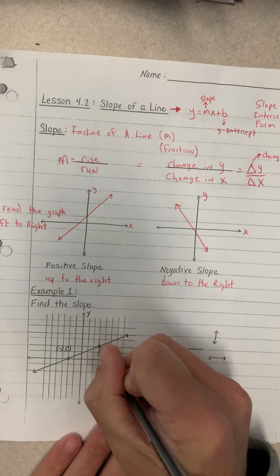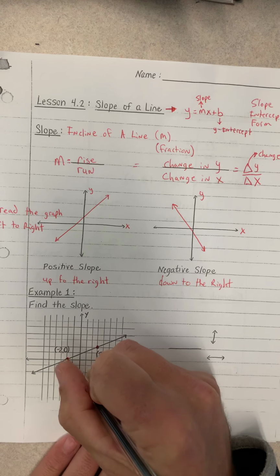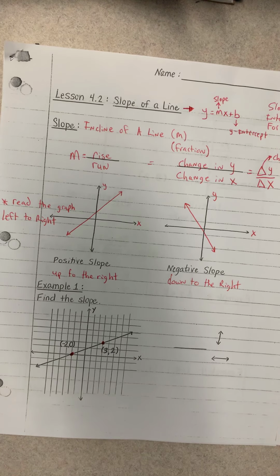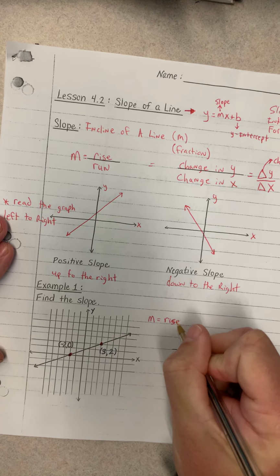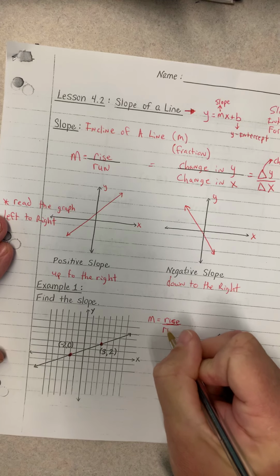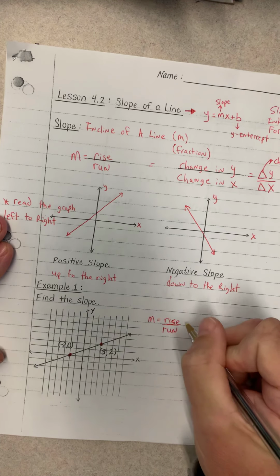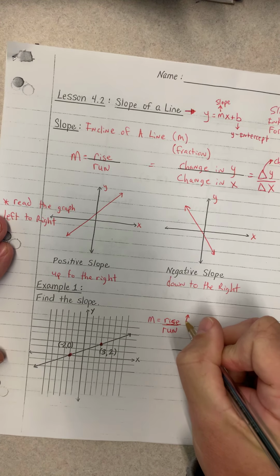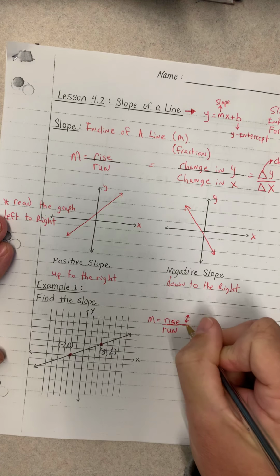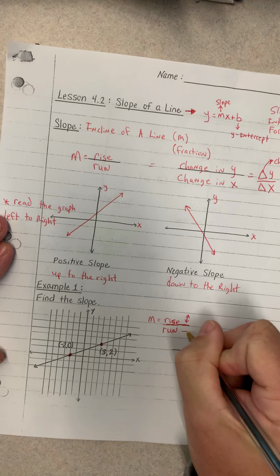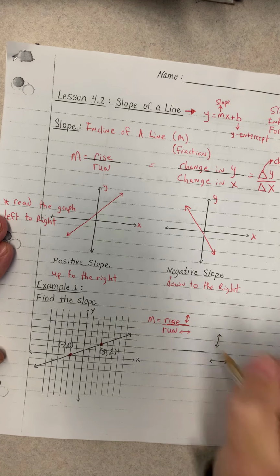You've got some points that lie on this line, and when you are given a graph, the easiest way to find the slope of the line is to use your rise over your run. How fast up I go divided by how fast to the right and the left that I go.